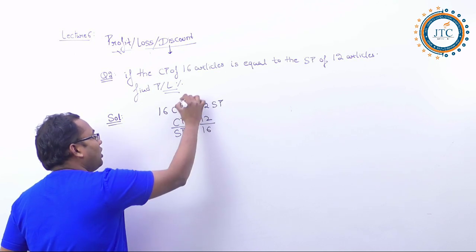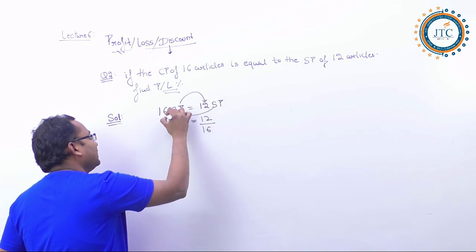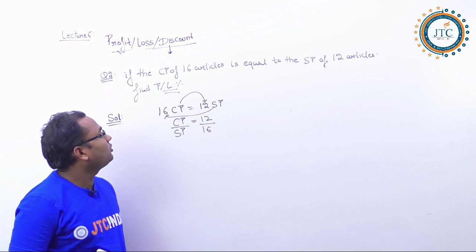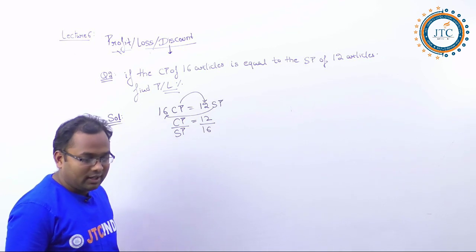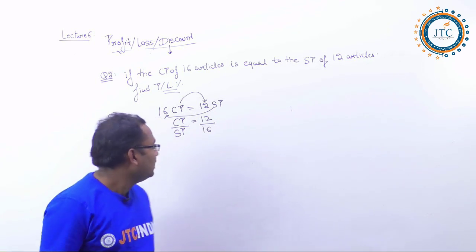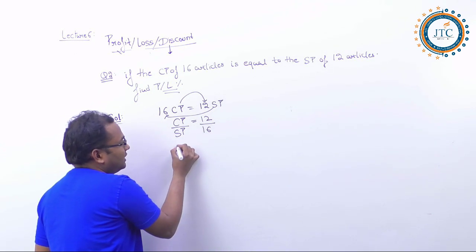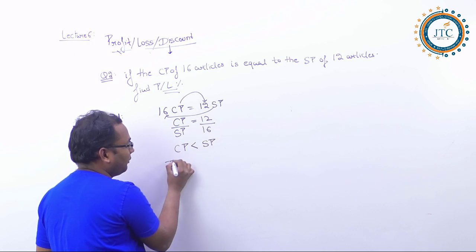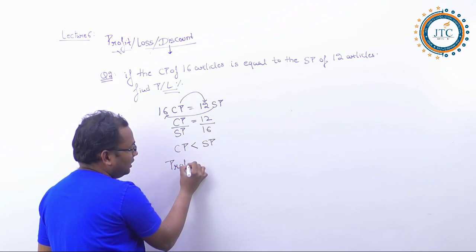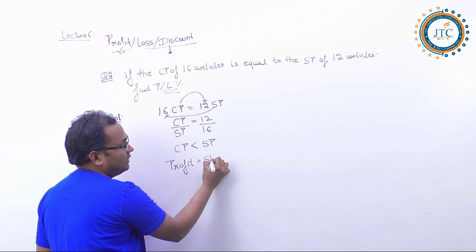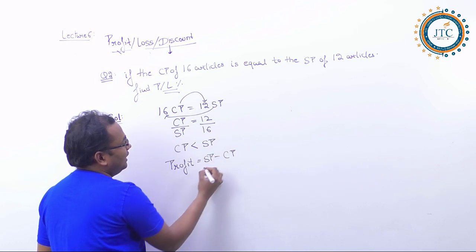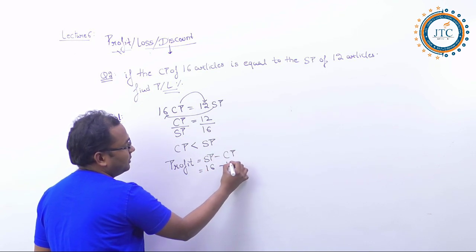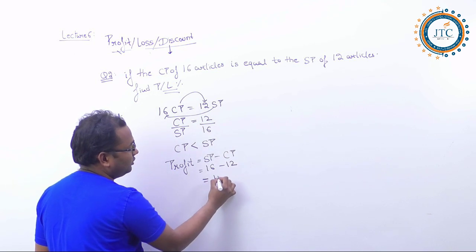Or we can say that the cost price is 12 and the selling price is 16. Cost price is smaller than the selling price, so here we have profit. Profit is equal to selling price minus cost price, so profit is equal to 4.